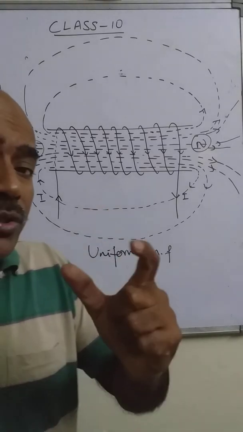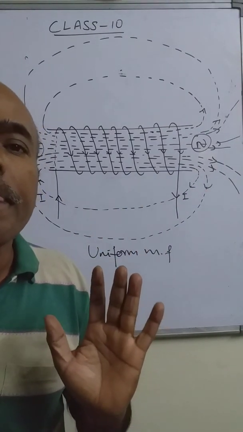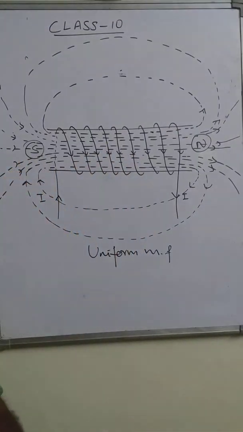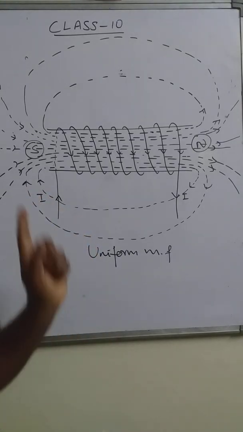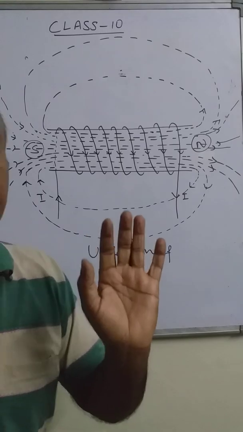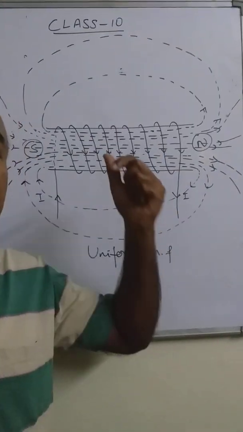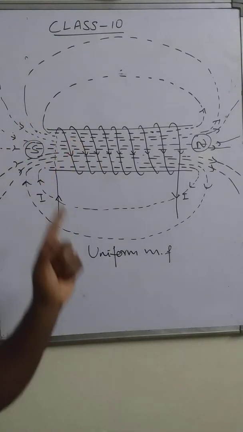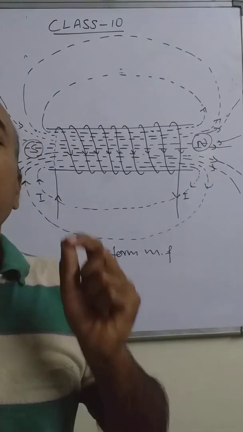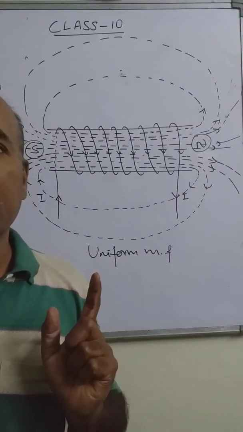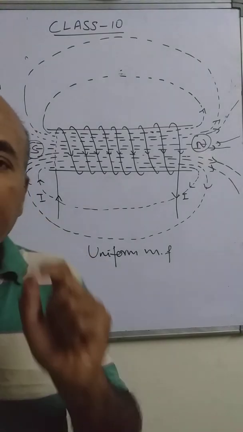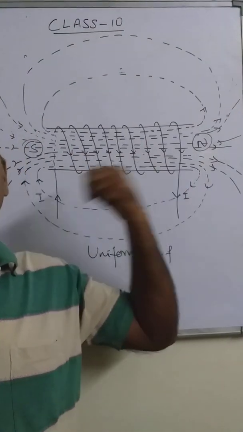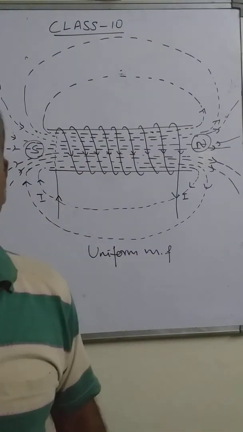But if its length is short, then it cannot be. For a longer solenoid, the outside magnetic field can be assumed very small. So it produces a magnetic field inside, and that too is a uniform magnetic field. There are some sources to produce uniform magnetic field, among which this, the current carrying solenoid, is one of the best.